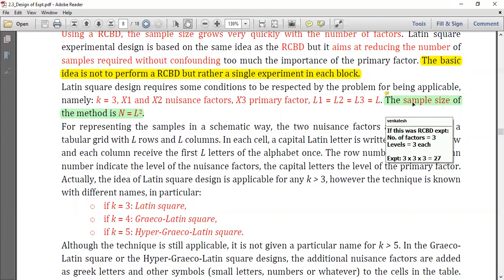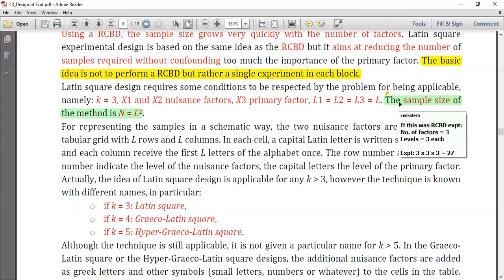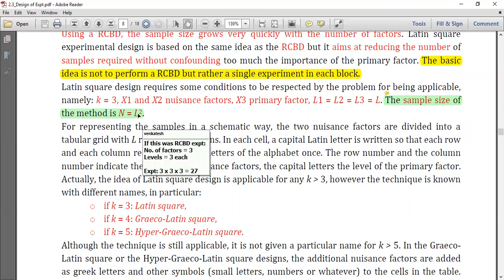Now just to compare, if you perform the experiment with RCBD, with the same number of factors, 3 factors, and 3 levels for each factor, in RCBD it would have been 3 into 3 into 3, 27 experiments. In Latin square design, the number of experiments will be 3 square, that is 9.